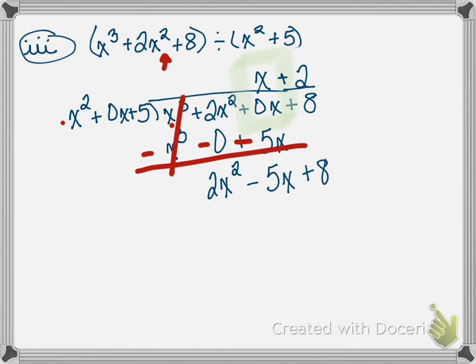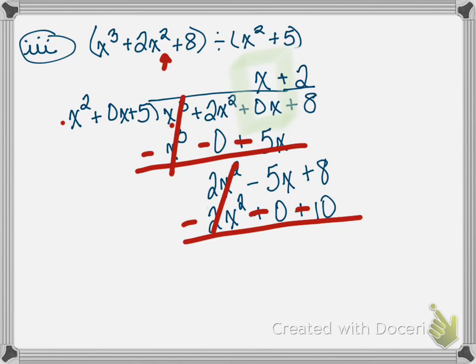So 2 times 5 is 10. 2 times 0x is 0. 2 times x squared is 2x squared. And again, I have to subtract, so I'm subtracting all this. In long division, we have to subtract. So now I am left with negative 5x plus 8.